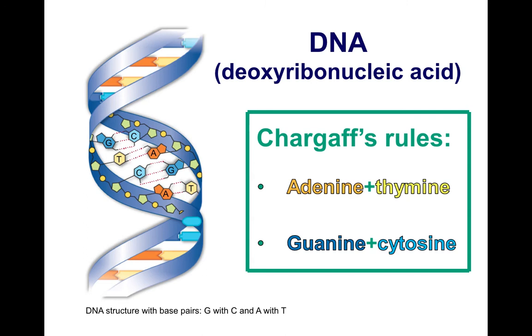And this is something that we call Chargaff's rule. Basically, it says that the amounts of adenine, thymine, guanine, and cytosine are different from one species to another species. But it always is the case that the amount of adenine is the exact same as the amount of thymine. And the amount of guanine is the exact same as the amount of cytosine. Isn't that just awesome what we can do with science?